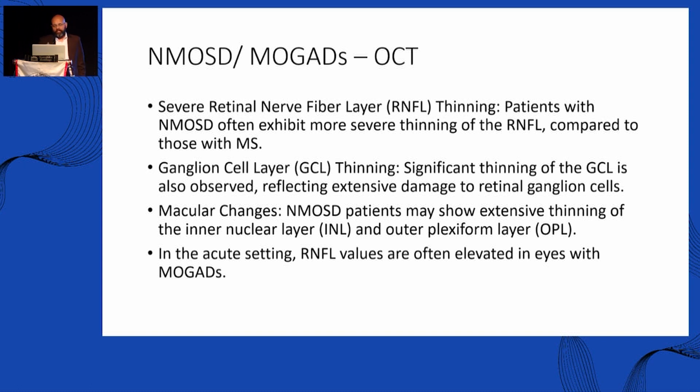Right. The other aspect is that in MOGADs, especially during the acute phase, there is actually an increase in the RNFL values. That is because there is significant papillitis and edema of the anterior portion of the disc. So that is what is picked up on the OCT.